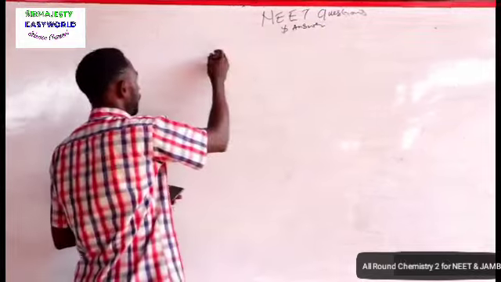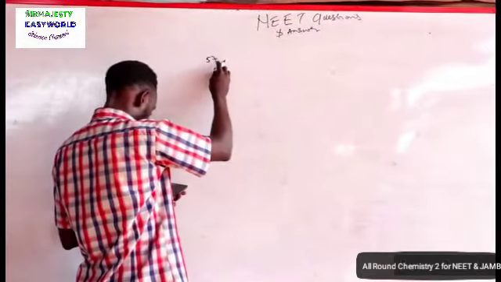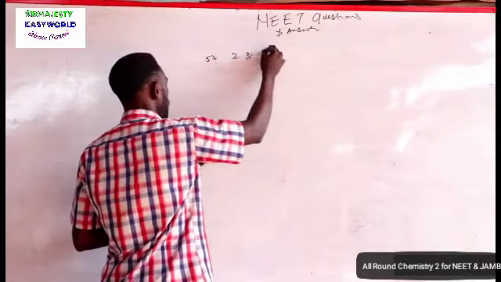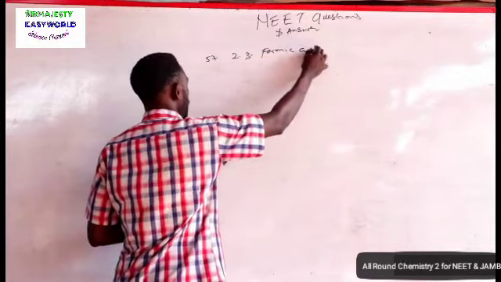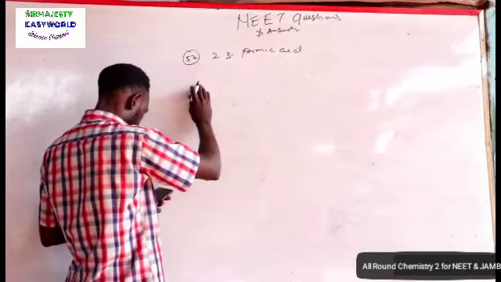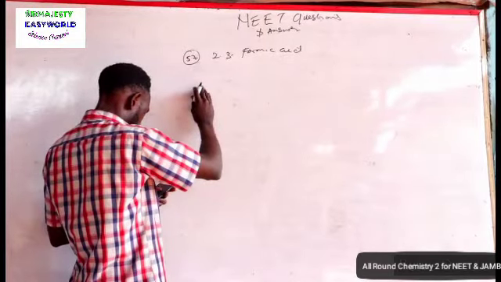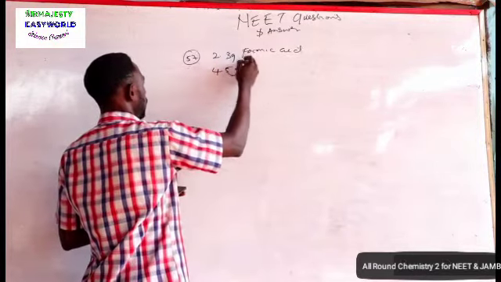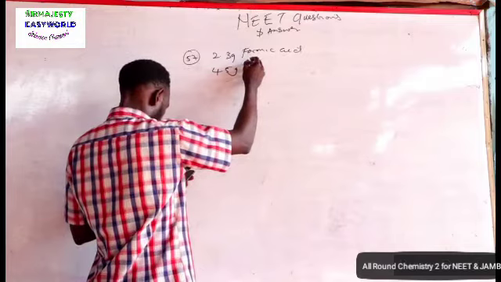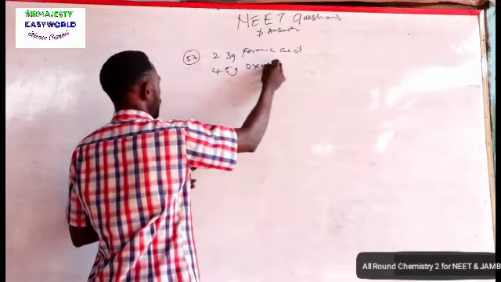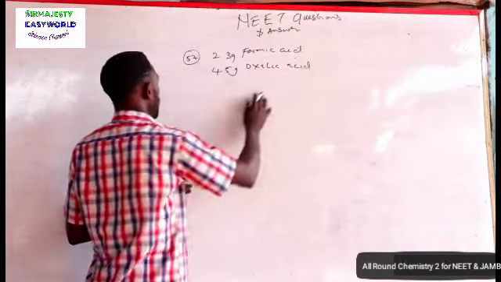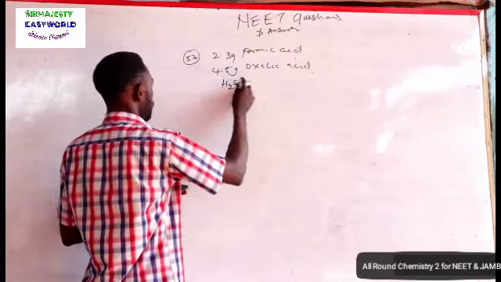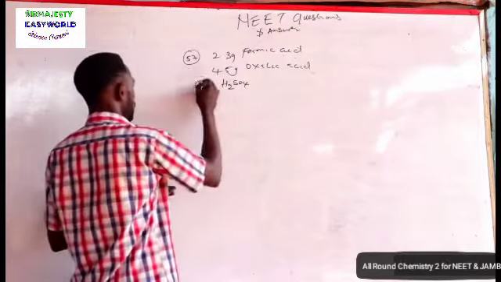This time around, from question numbers 57 and 58, they gave us 2.3 grams of formic acid, and then 4.5 grams of oxalic acid. So these are the things, and the reactant here is H2SO4, concentrated, against each of them.